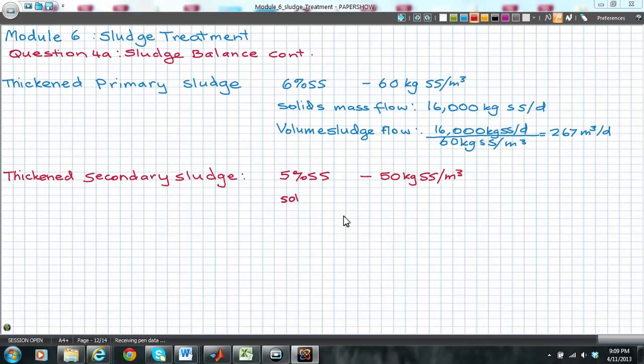We know that our solids mass flow remains the same as only water is removed in thickening, and so we have 11,000 kilograms of suspended solids per day.